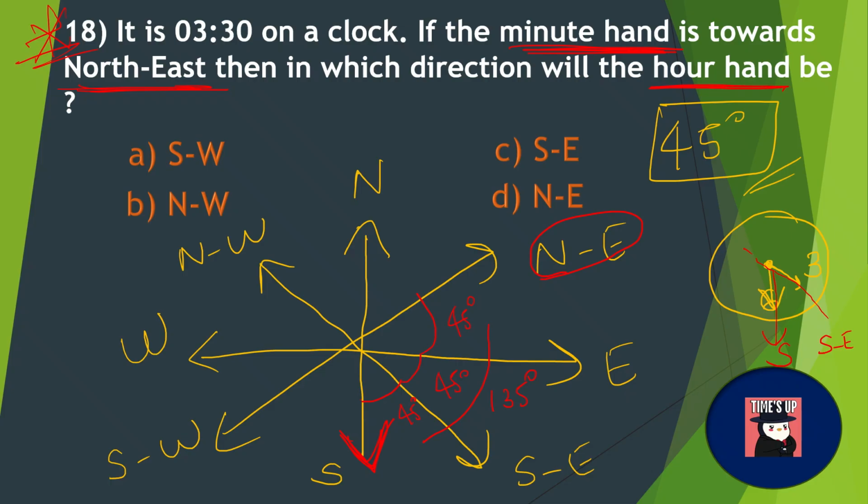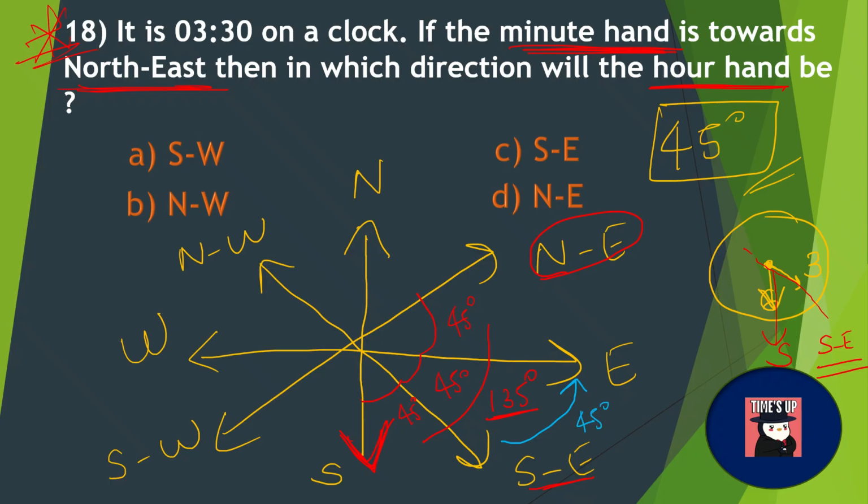Now in the same way we need to do it for the hour hand, and then we'll get the answer. Initially, the hour hand was at southeast. Now we need to make a 135-degree angle in the anti-clockwise direction. From southeast, we'll make a 45-degree angle till east.